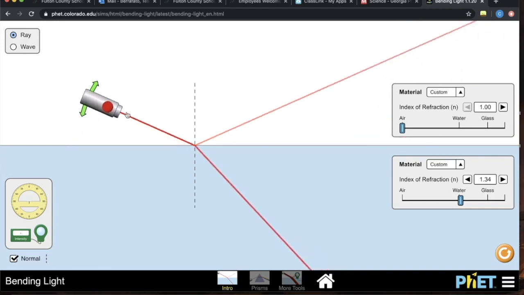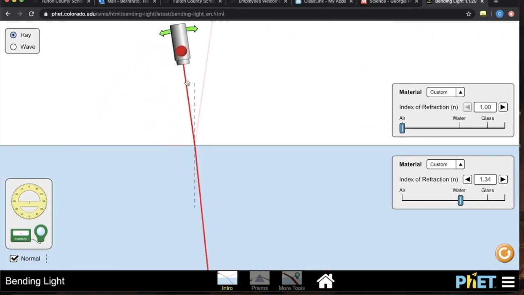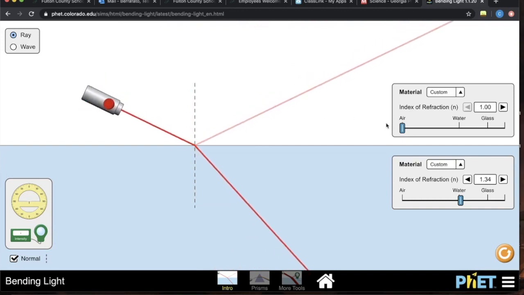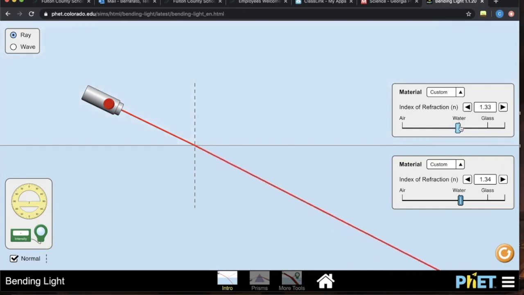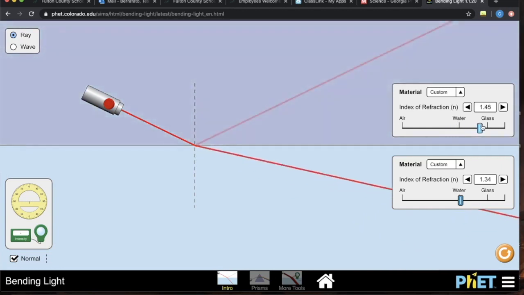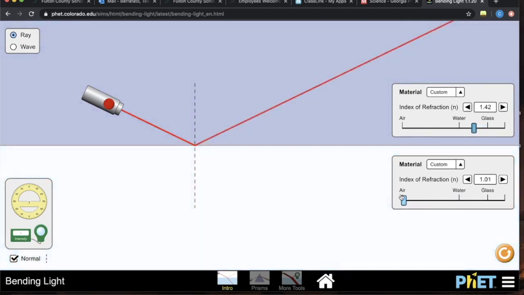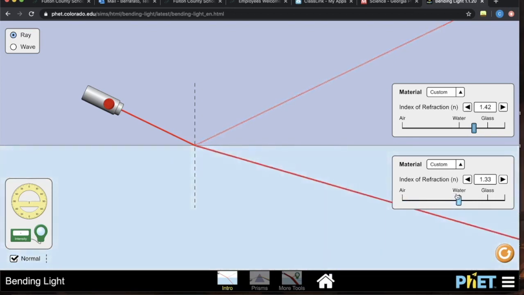You can just have it going like this, and depending on what medium you're going through, it will change how it's going to reflect. If you have water, but what if you have glass? So you have glass and then you have, let's see, water.